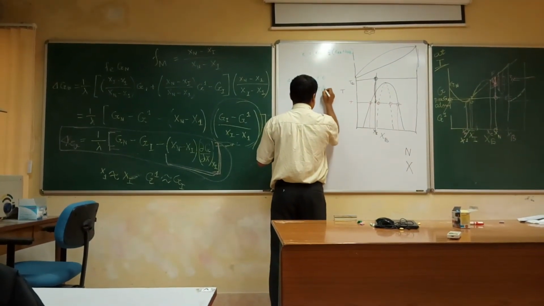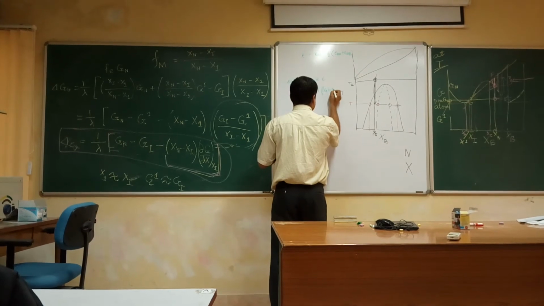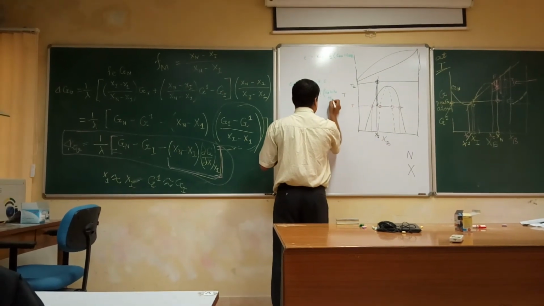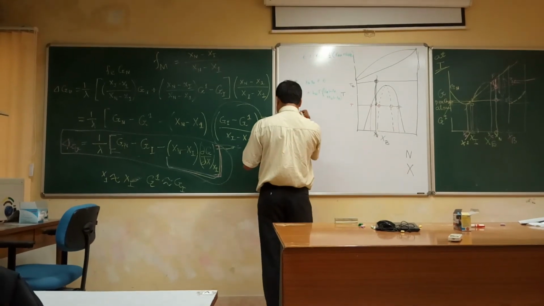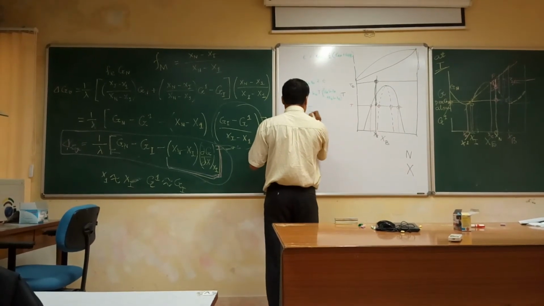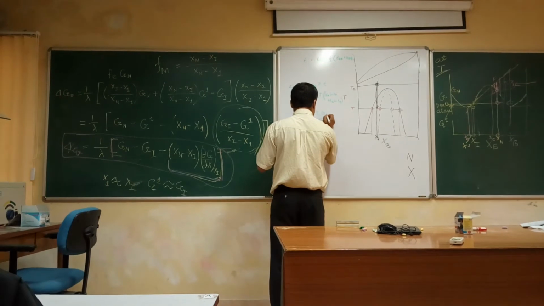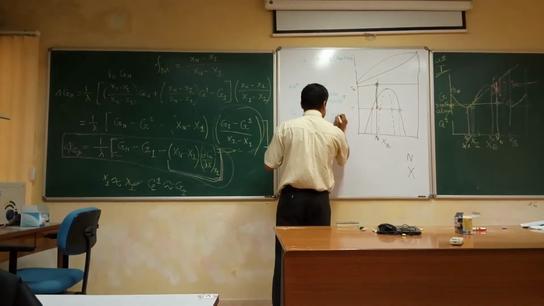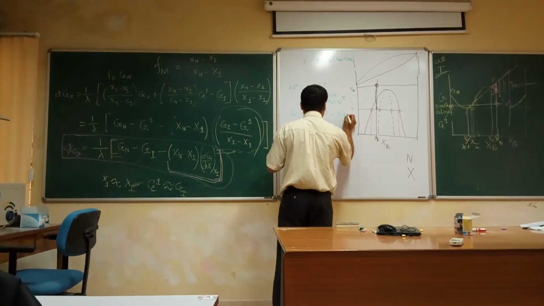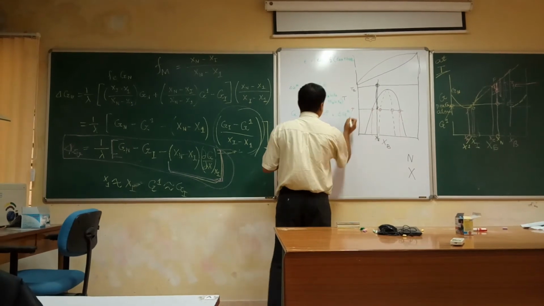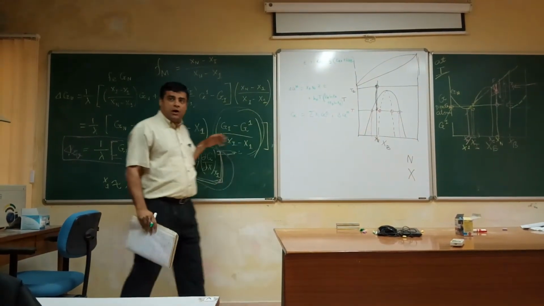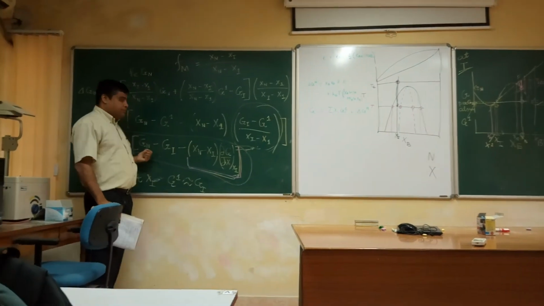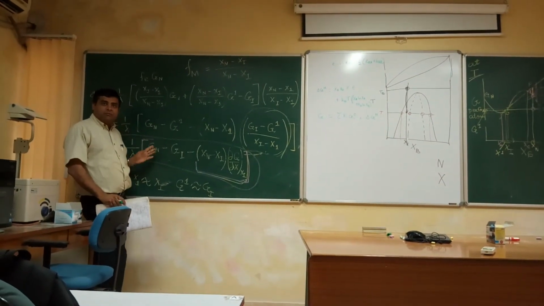So xa ln xa plus xb ln xb, and your Gibbs free energy is given by summation xi gi naught plus this delta Gm. That you use to find out Gn for the embryo composition.